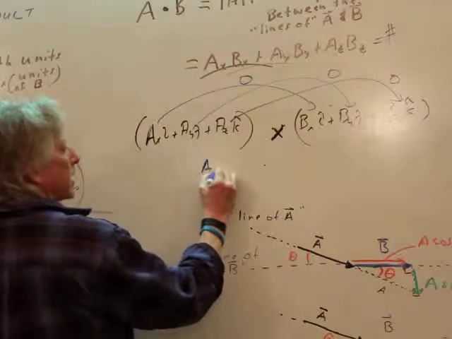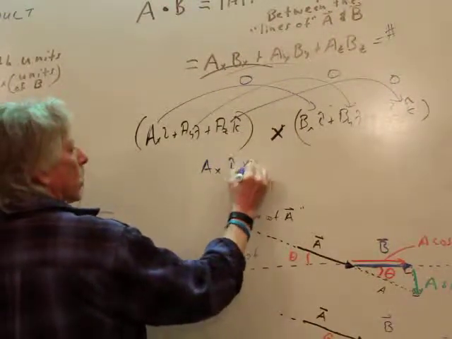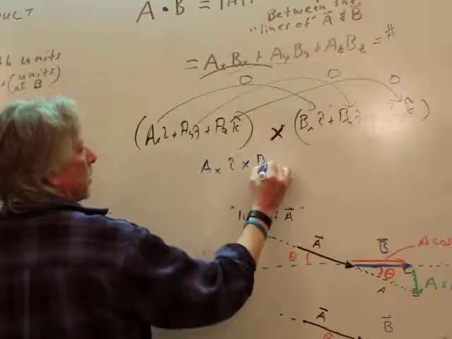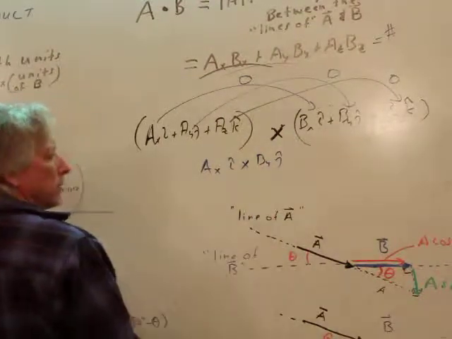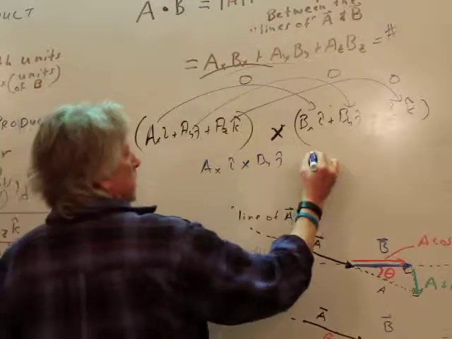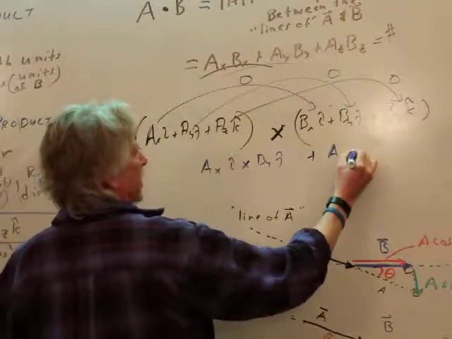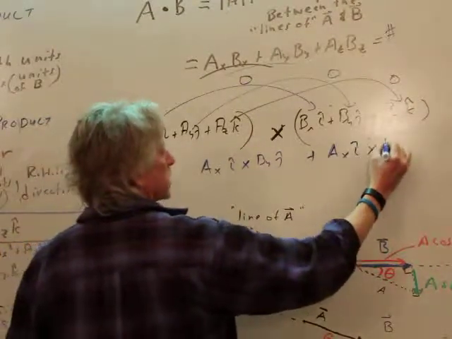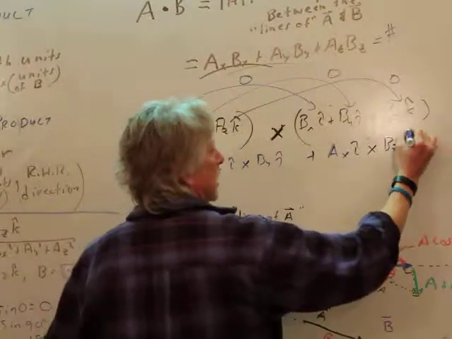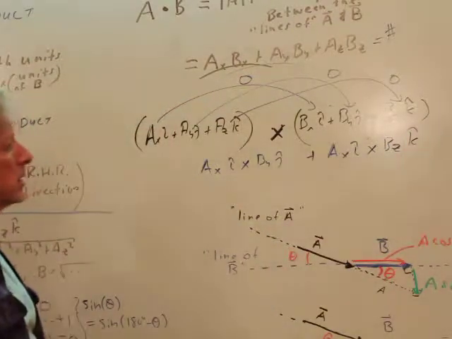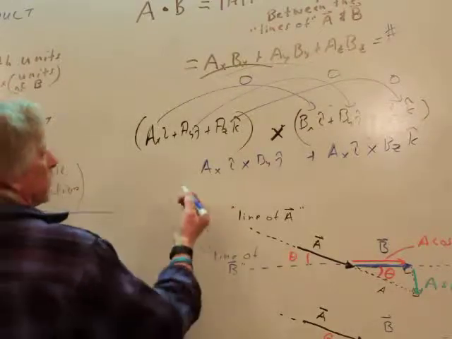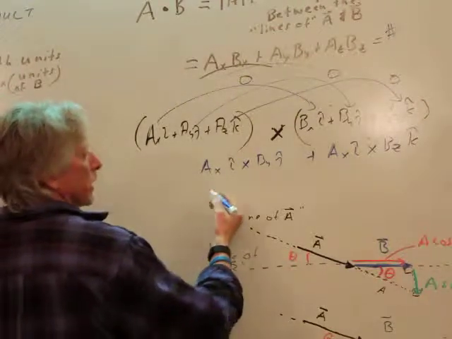So I got AX I hat, cross BY J hat, plus AX I hat cross BZ K hat. Now it's a mess. You know, it's a mess. So that's kind of whatever. Deal with that.